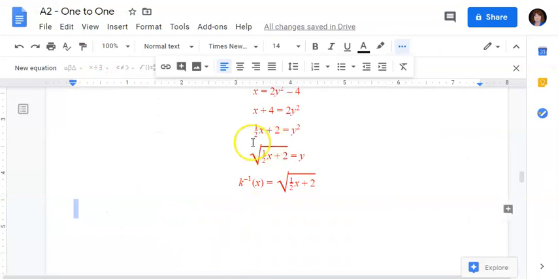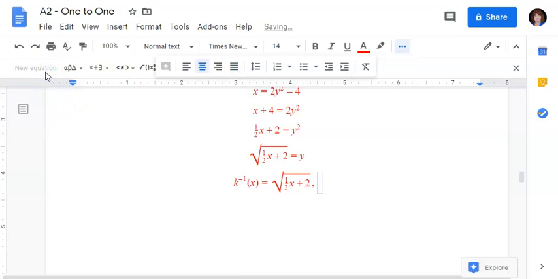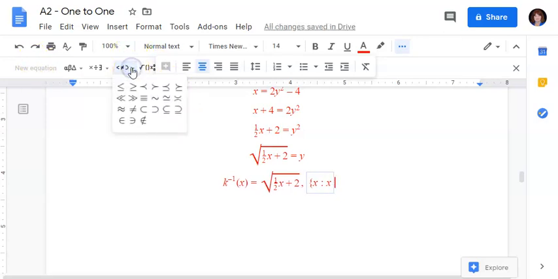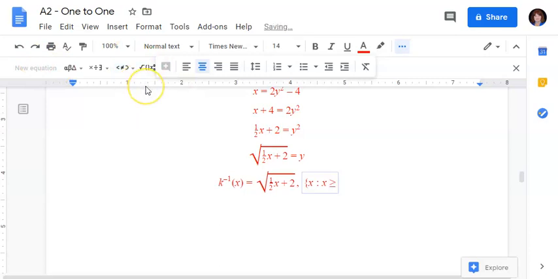So we're going to say our domain for this piece is x such that x is greater than or equal to, and I do need to use my editor to get this symbol, -4.